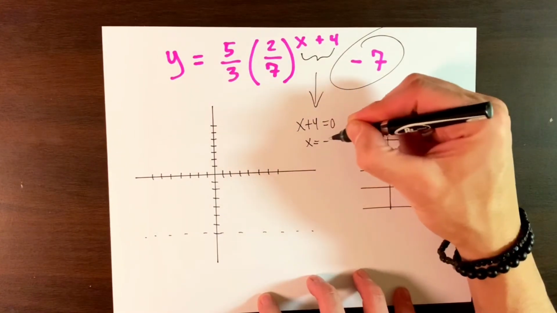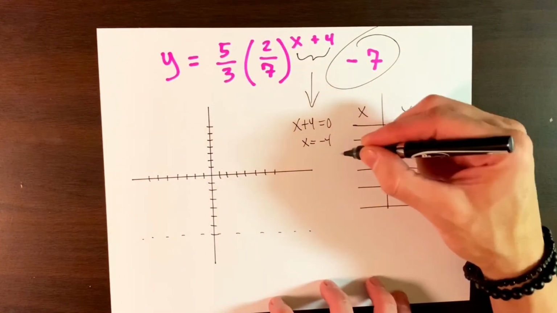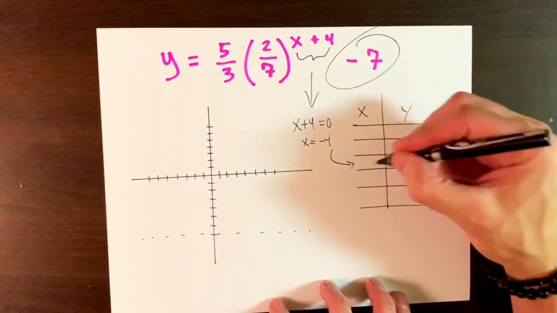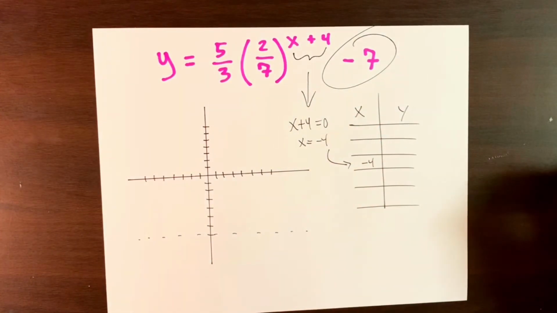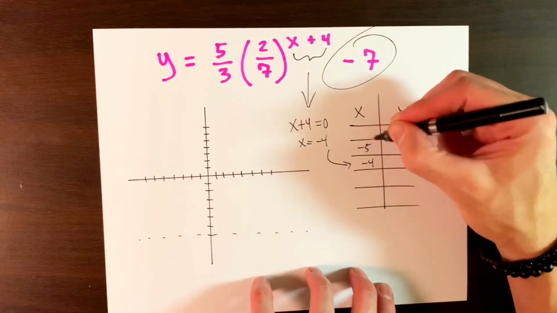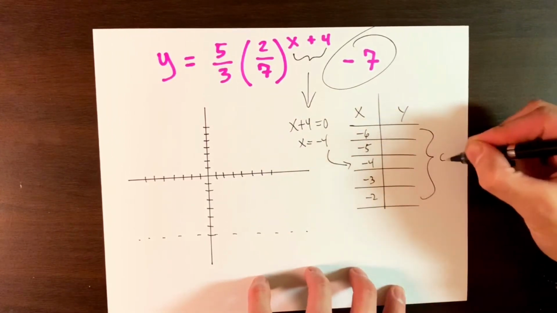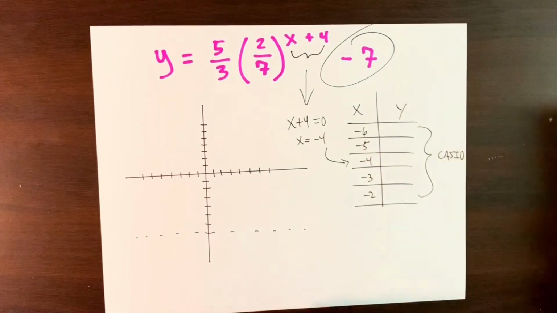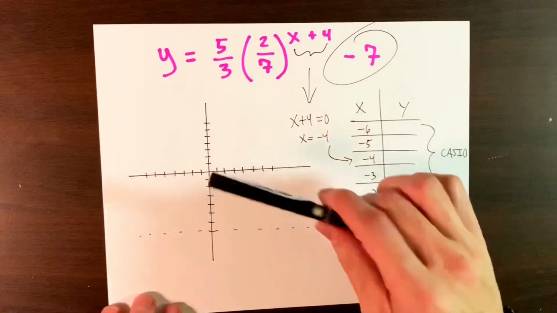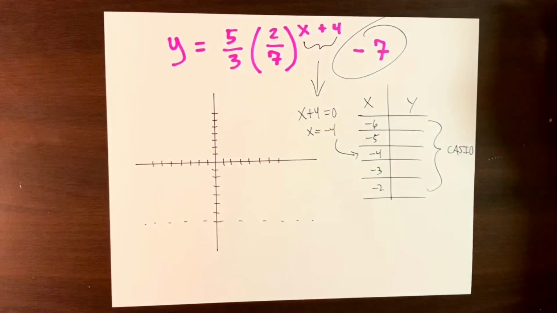And whatever that is, that gives you h. And that is what you put in the middle of your table, -4. Count before, count after, go Casio for that. Get some decimals. Plot your points here and connect the dots.